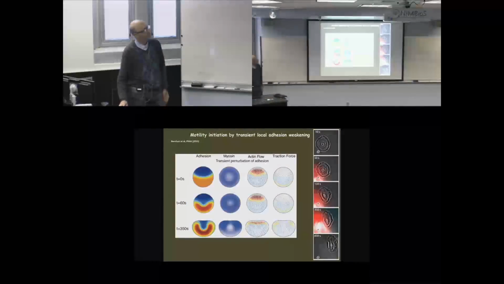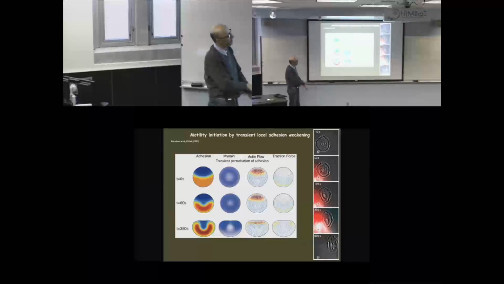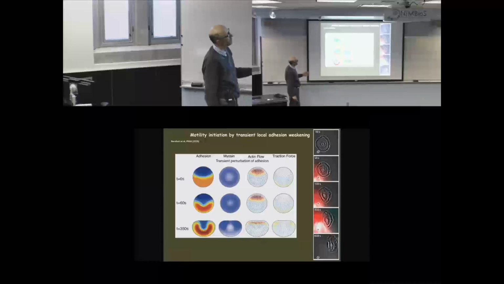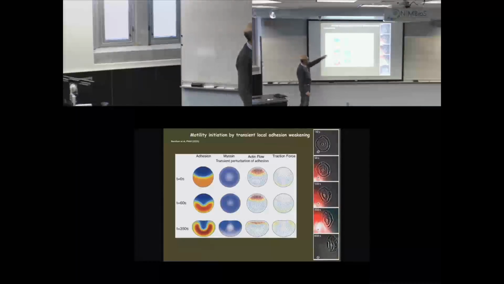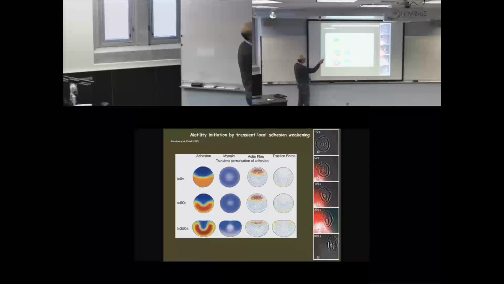And so there are many tests of this model. I don't have time to show you all of them. Just one of them is, for example, what happens in the simulations when you start from initial condition when you lower adhesions at one side.